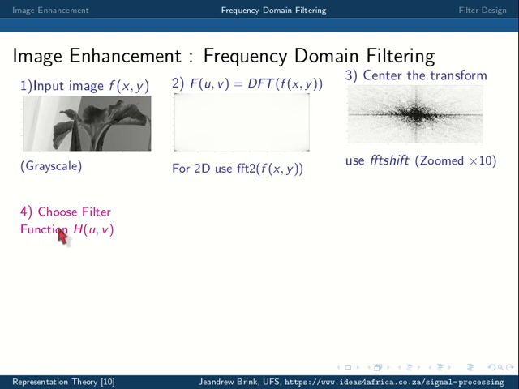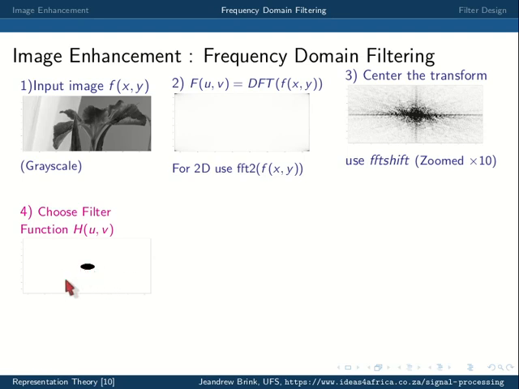So we're going to have a function H of uv that has the same size as F of uv, in other words your image, and we have the freedom to choose it to be whatever we want. What we're going to do today is examine some of the simplest choices. For example, let us choose an H of uv that looks like this.